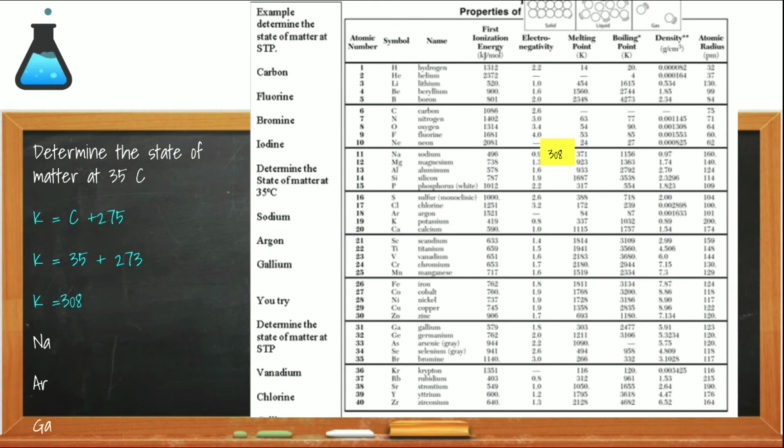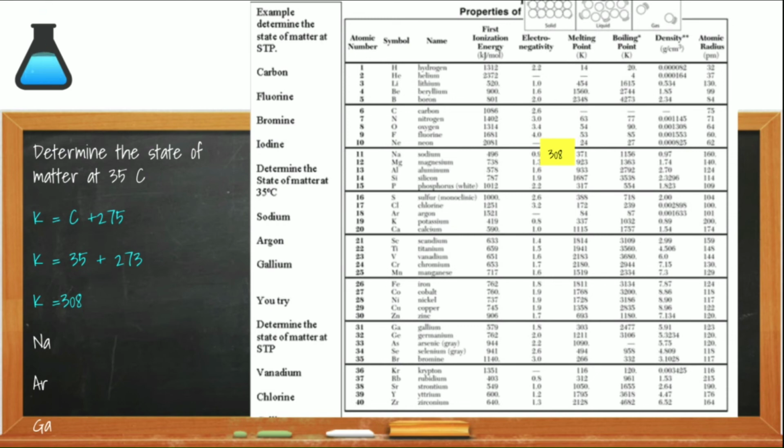So here, they ask you to determine the state of matter at 35 degrees Celsius. The first thing to note is that again, here on reference table S, the temperatures are in Kelvin. So the first thing you need to do is convert from Celsius to Kelvin. So you can see that I've done my conversion and I've come up with 308 Kelvin.